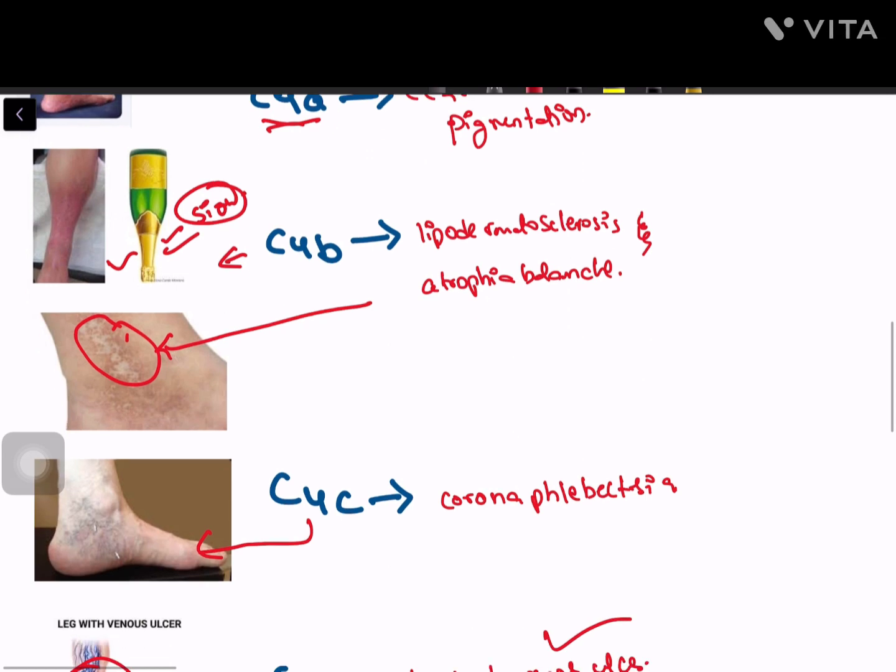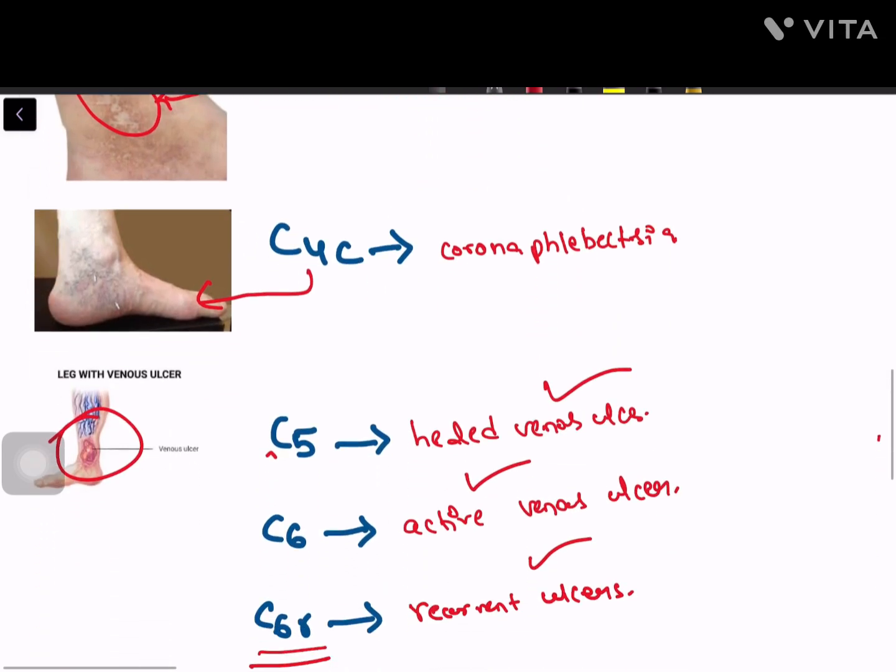With continuous stretching, the skin changes happen. Next, blood supply to the skin may decrease, so that can cause ischemia and further ulcer.